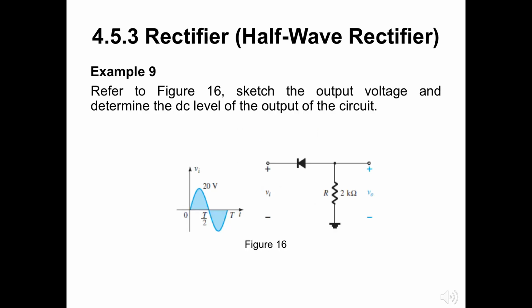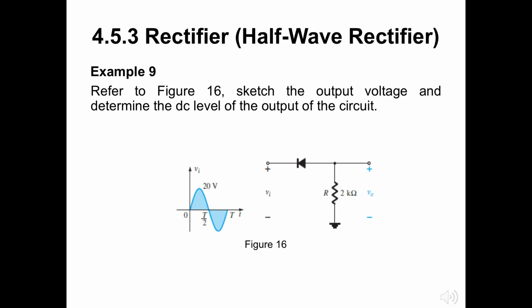OK, now we will look at an example related to the half-wave rectifier. Refer to figure 16. Sketch the output voltage and determine the DC level of the output of the circuit. Here, there are two main targets, which are the output voltage and the DC level of the output, right?